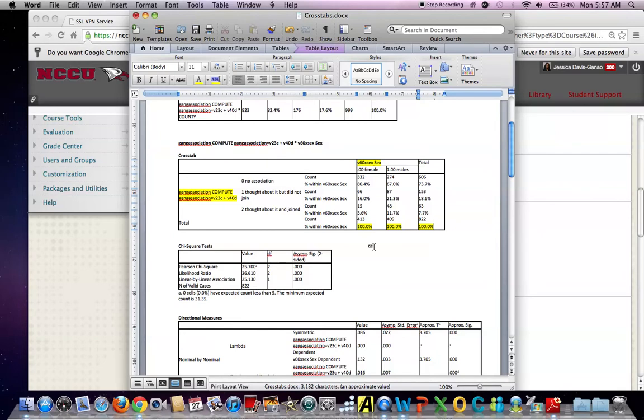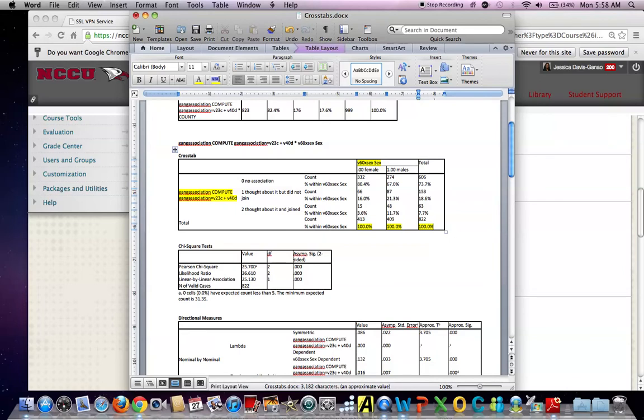But just in case you're not sure how to read a contingency table, look where the 100% falls. If it falls in the column, which these do, then what's in that column is considered your independent variable. All right, so in this case, because sex is in the column, our 100% falls at the bottom of that column, then sex is our independent variable.